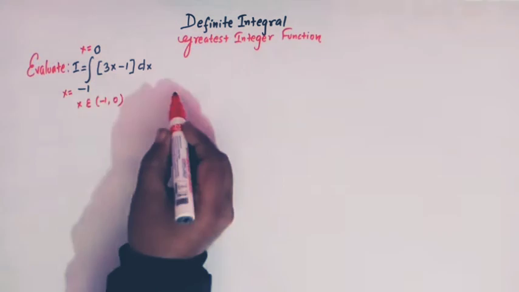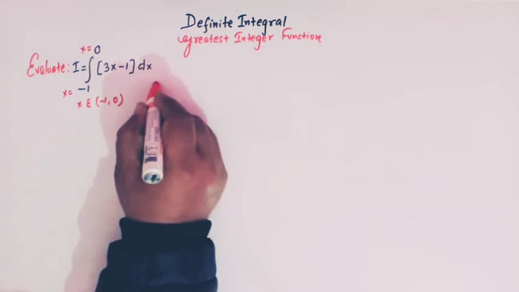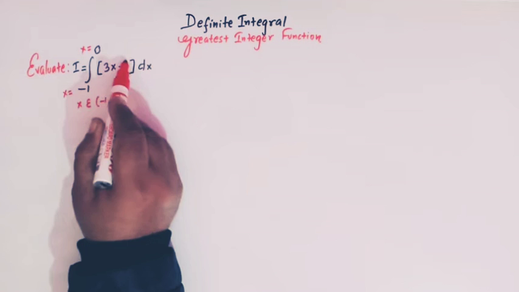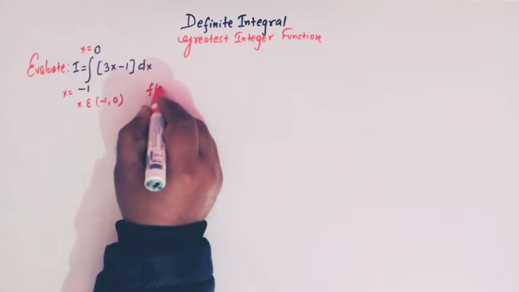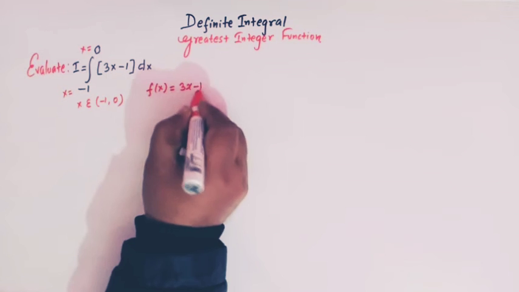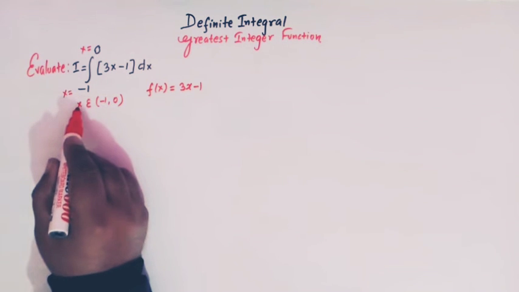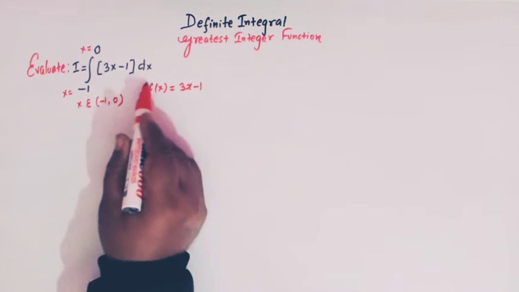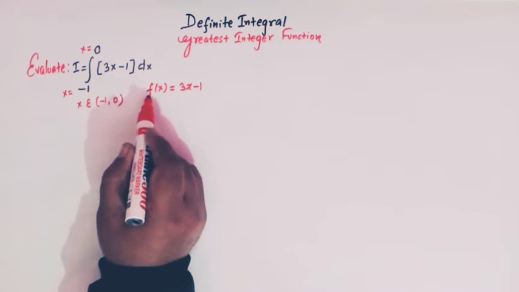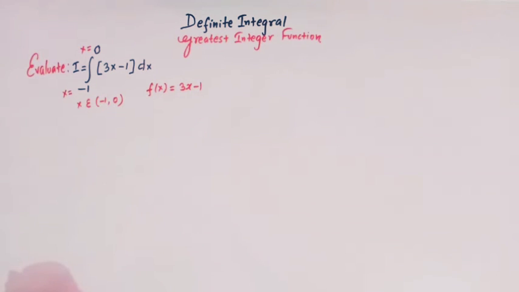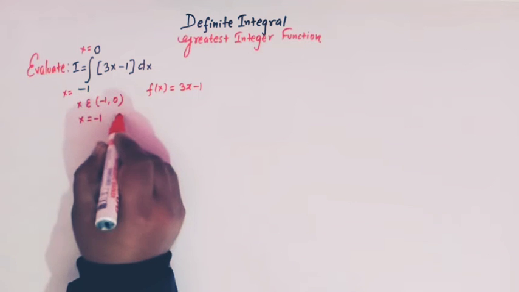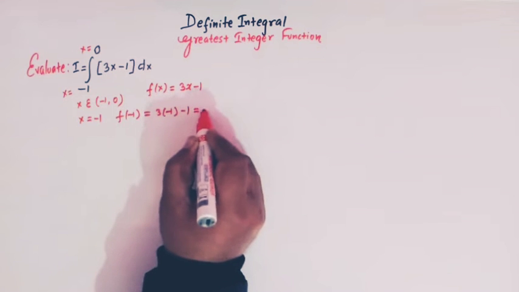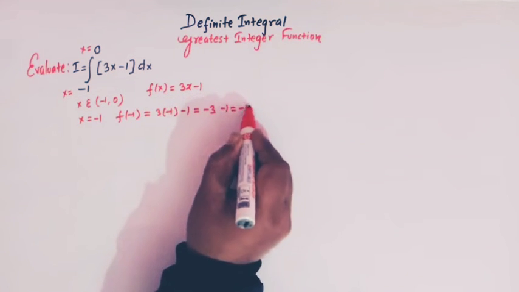Let us denote the function inside the greatest integer function sign, that is f of x equal to 3x minus 1. When x belongs to minus 1 to 0, let us see the interval in which f of x belongs. When x is minus 1, f of minus 1 is 3 times minus 1 minus 1, that is minus 3 minus 1, that is minus 4.